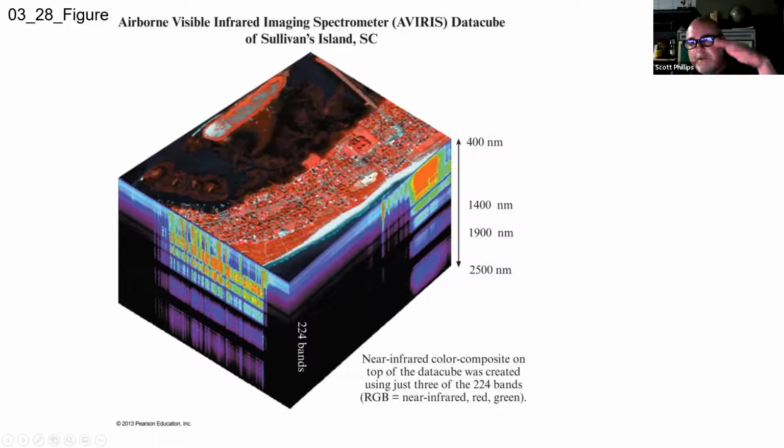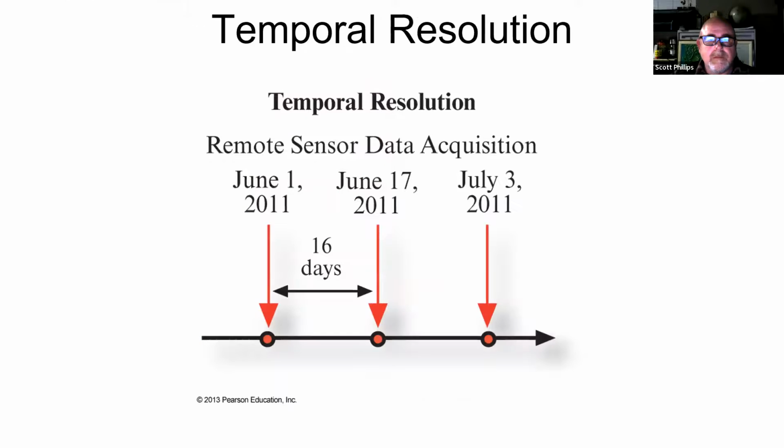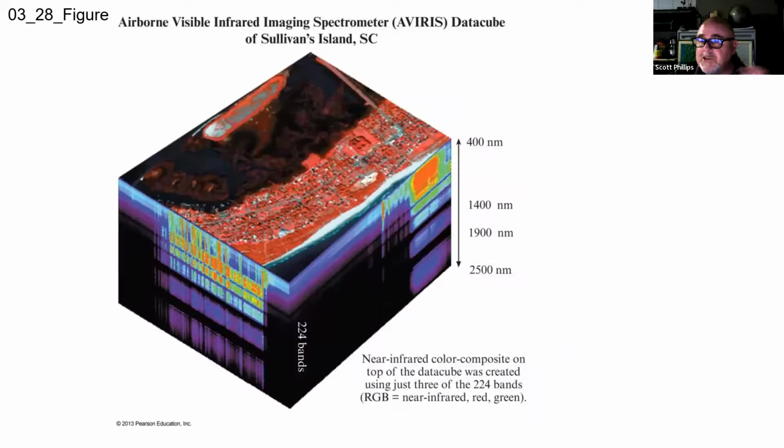So there's different levels of red, different levels of green, different levels of blue, going far into the infrared. And these are used for a special type of analysis where you're really looking at what's called a spectral signature. And these create a very detailed spectral signature because of the high level of spectral resolution. And for spectral signatures, refer to the first video clip I posted as the kind of previewing.